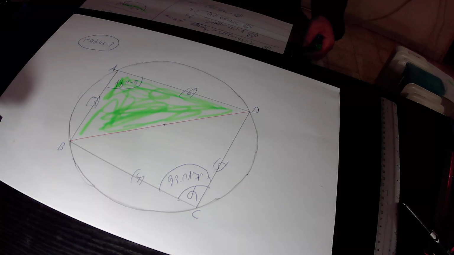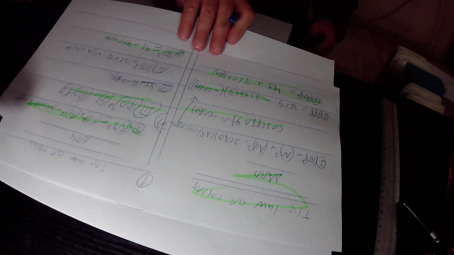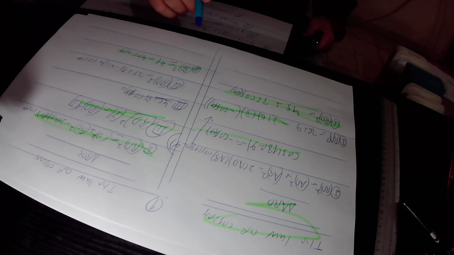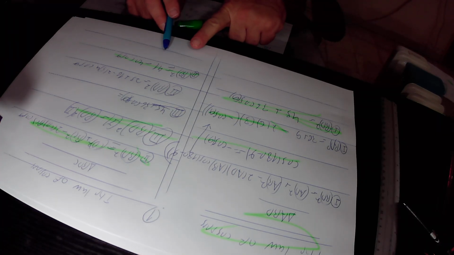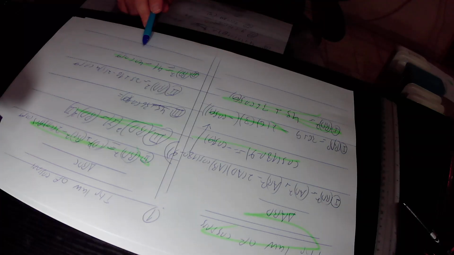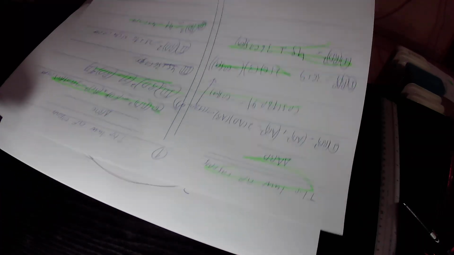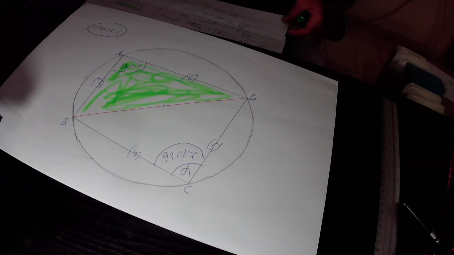According to equation 2, we already found that DB squared equals 41 minus 40 times cosine alpha. Okay, copy equation 2 on a new page.